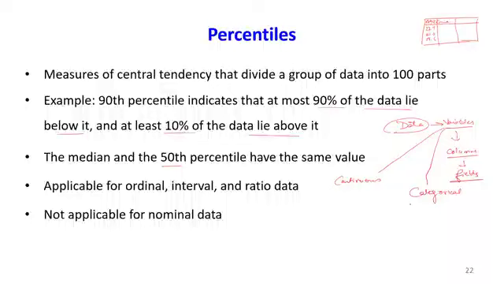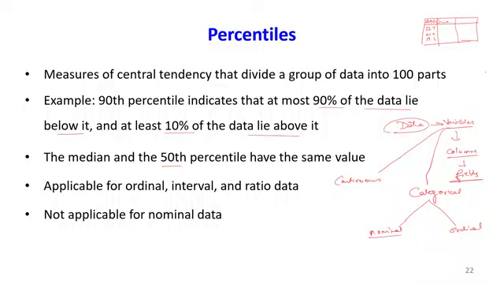Now, in this categorical column, the variables are again divided as nominal or ordinal. Nominal is where the categories are not interrelated or do not have any kind of hierarchy.